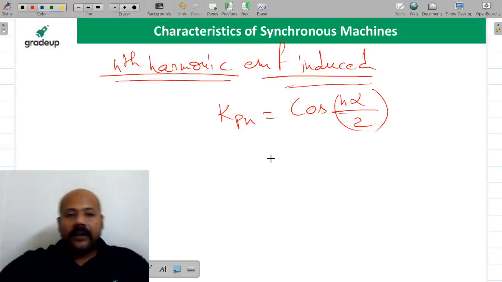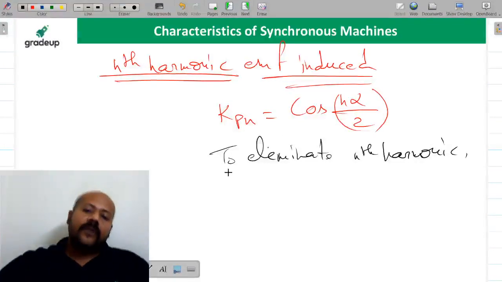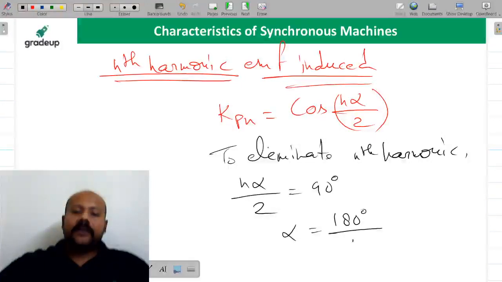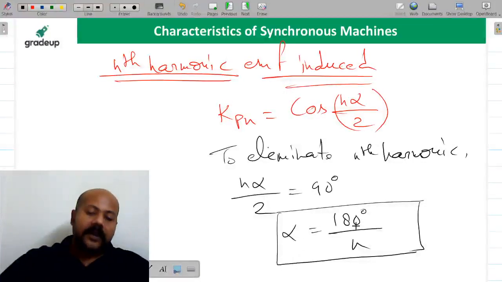So to eliminate the nth harmonic, this n alpha by 2 must be 90 degree because cos 90 is 0. So you are getting alpha as 180 degree divided by n, where n is the harmonic which you want to eliminate.